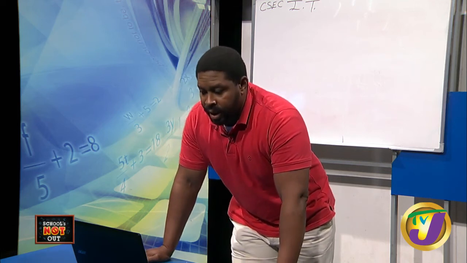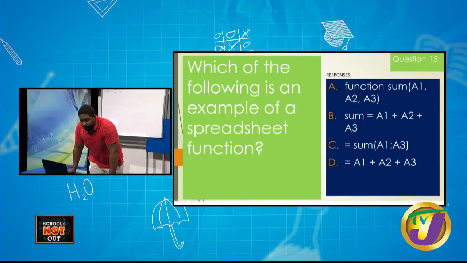Now, I've seen students write this and give it to me, and I'm saying, no, we did not learn this. This is not how we do it. The word sum doesn't come before the equal sign. The equal sign always precedes whatever comes in your function. And then because you're actually using sum, you don't need to have that A1 plus A2 plus A3.